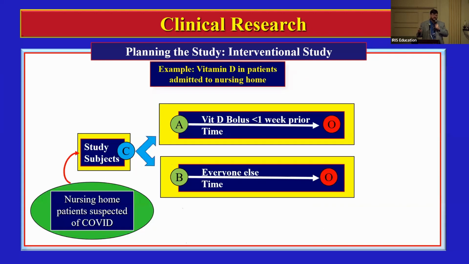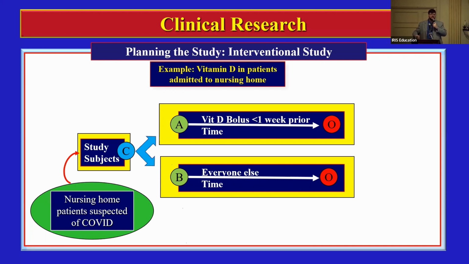So an example of this study is back in the fall of 2020, there was a nursing home system that was looking at vitamin D boli, excuse me, in patients. And so every patient was getting a vitamin D bolus every 3 months. And so the experimental group would be then, based on the timing of symptoms, a patient that received a vitamin D bolus within 1 week of COVID symptoms appearing.